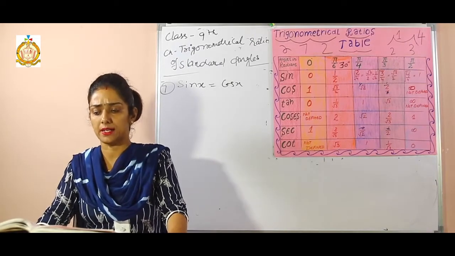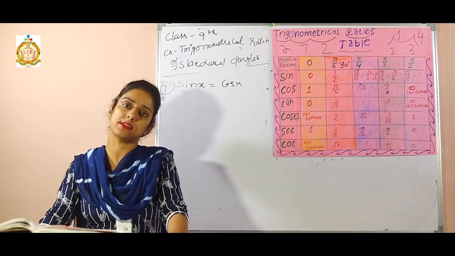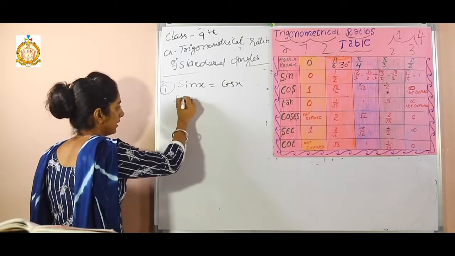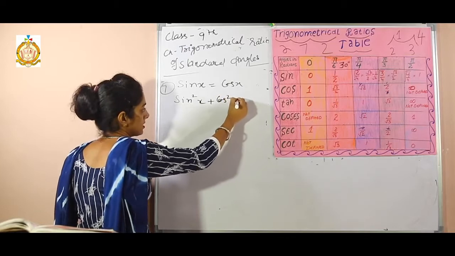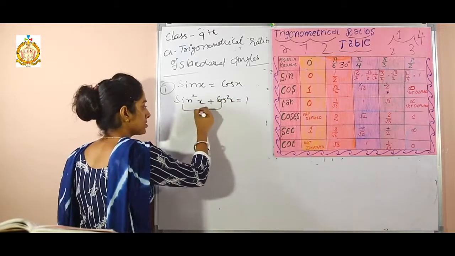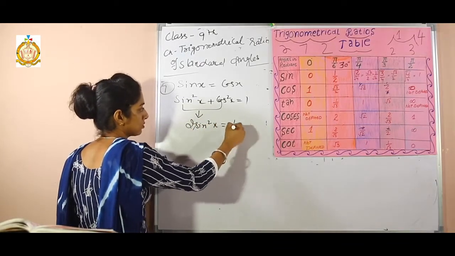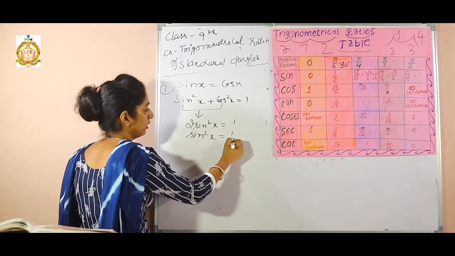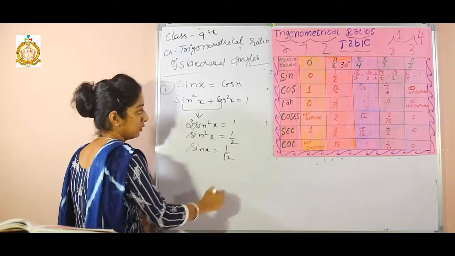Students, we know that sin square x plus cos square x is equal to 1, right? And we know this formula is 2 sin square x is equal to 1, means sin square x is 1 over 2, means sin x is equal to 1 over under root 2.